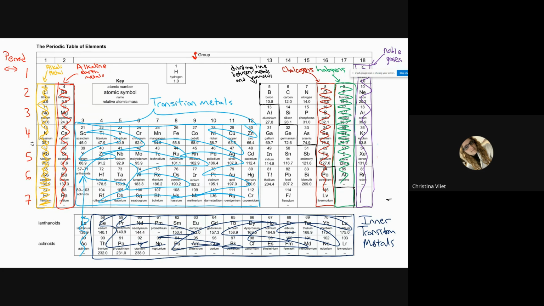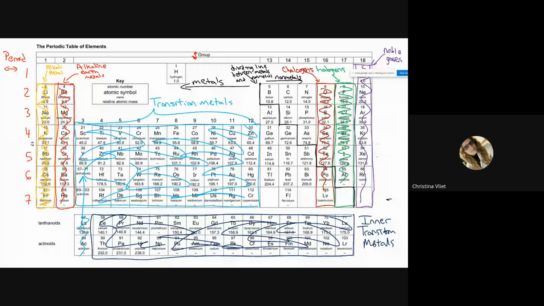What that means is that all the elements that are to the left of that line are metals, and the elements that are to the right of that line are non-metals. Keep that for now, because we're going to need a separate chart for metals and non-metals. But you at least have the dividing line here.